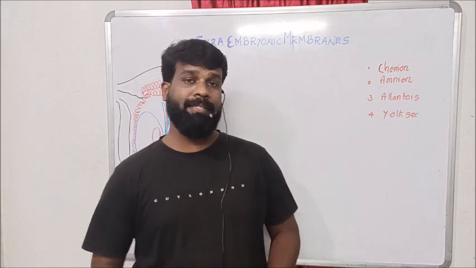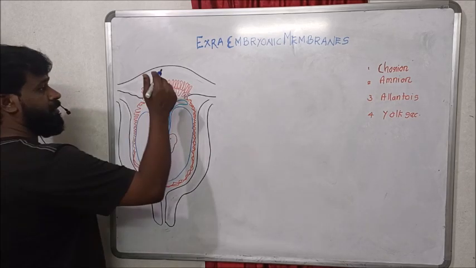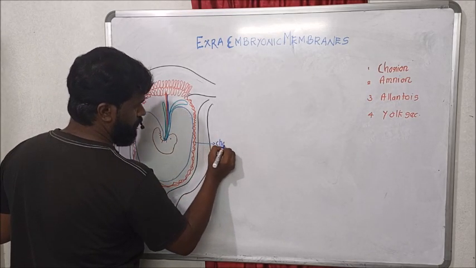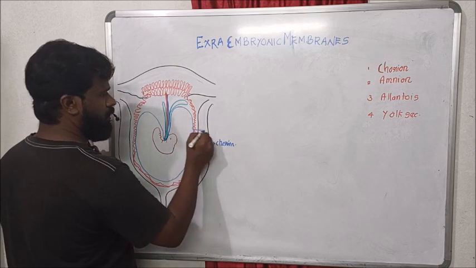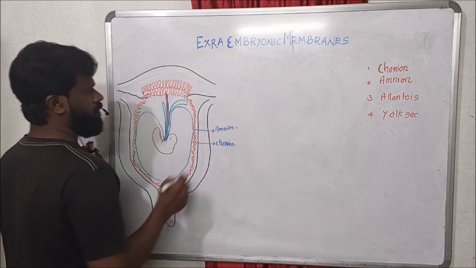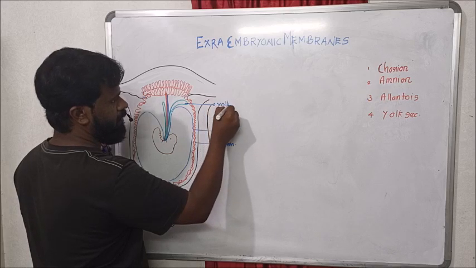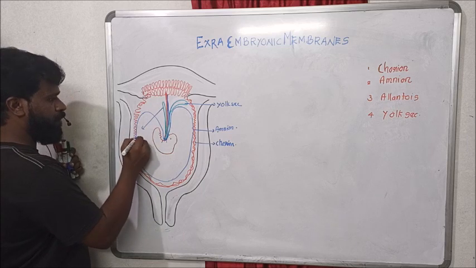So in humans, extraembryonic membranes include the outermost one, chorion. This one is amnion. Then yolk sac and allantois.